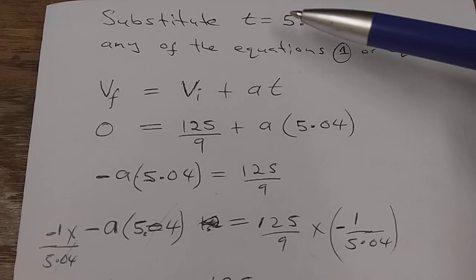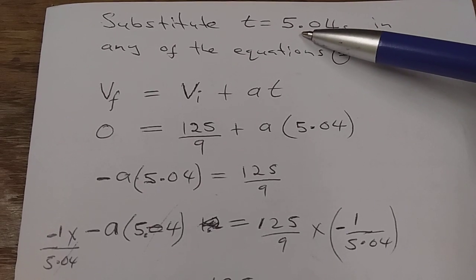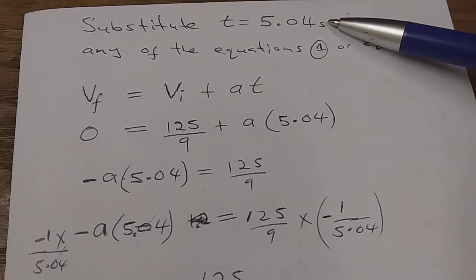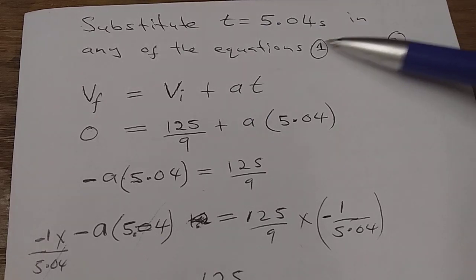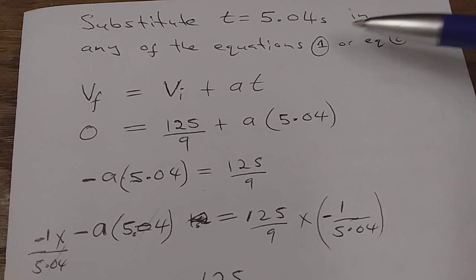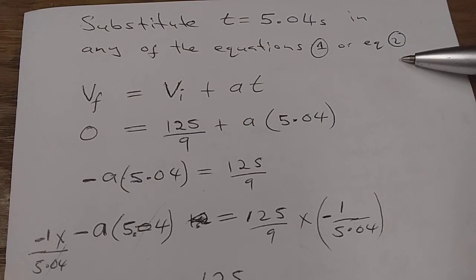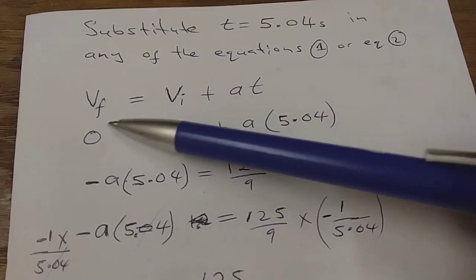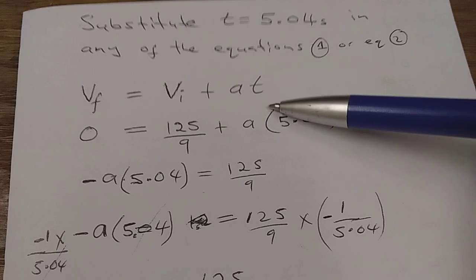So after you have found your time, which is 5.04 seconds, what do we do next? We substitute in any of the equations. Either you can substitute in equation 1 or you can substitute in equation 2. You use this formula. If you choose equation 1, Vf is equal to Vi plus At.